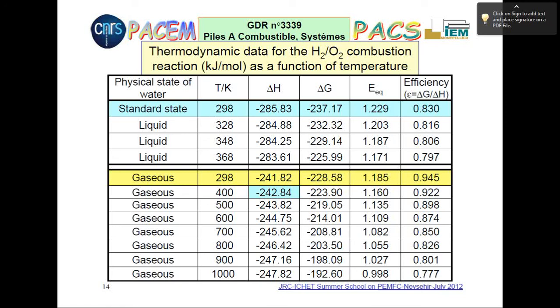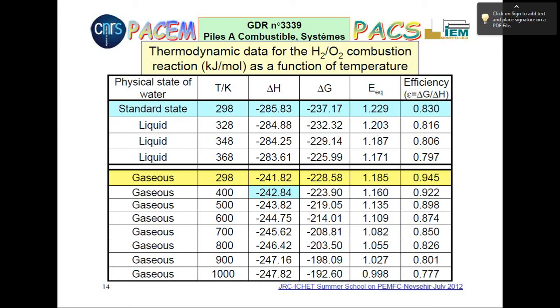It changed the efficiency, which is higher, nearly 1 for, I would say, 300, 400 K. So that's very important. There is a jump of delta G, of delta H, of the cell voltage, and of efficiency from the liquid state to the gaseous state, as related to the heat of condensation.